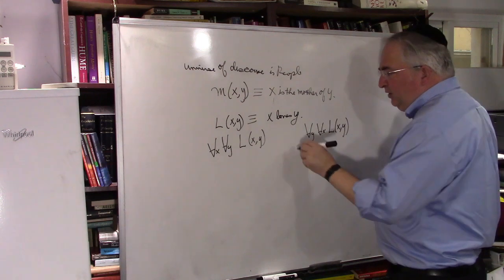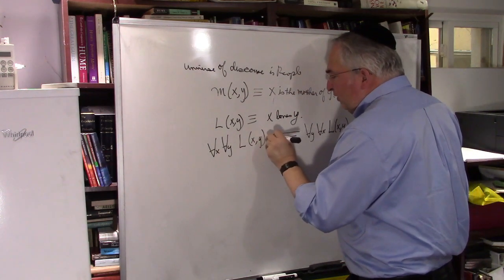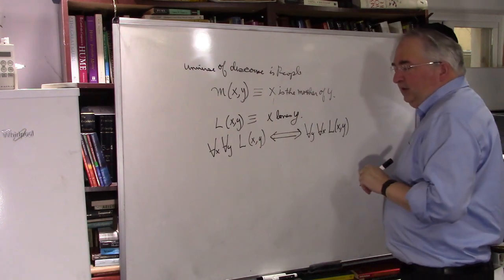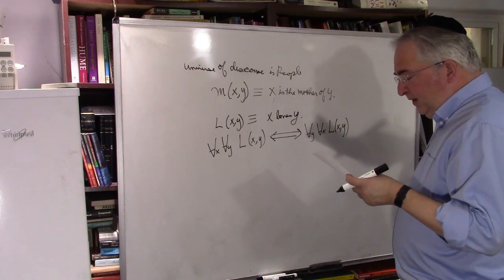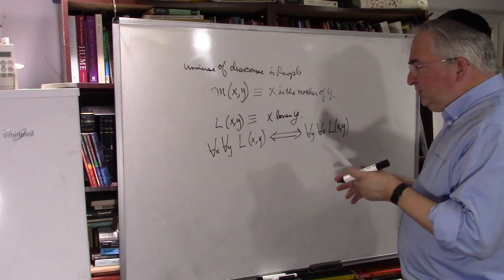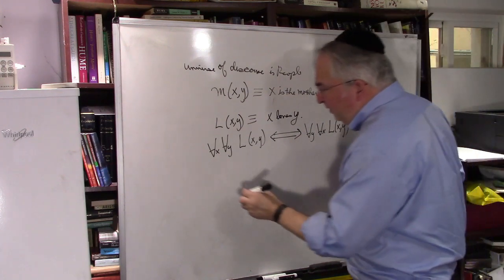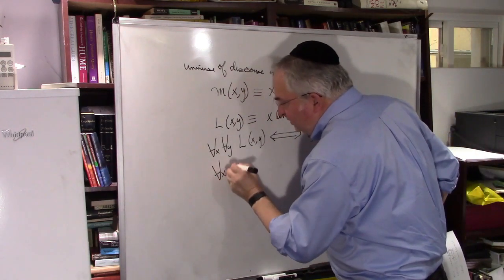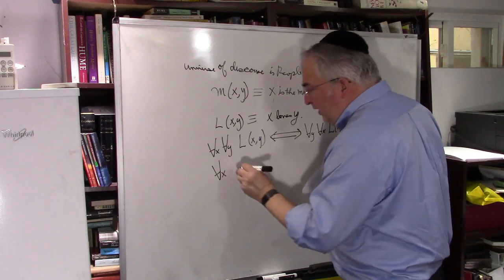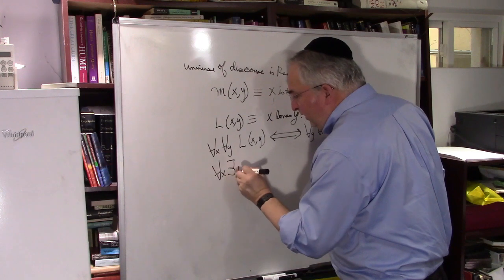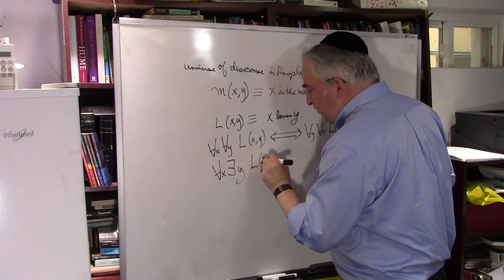Now it's going to turn out that these two things are logically equivalent. We talked about logically equivalent. But let's talk about some other things. For example, for all x, there exists a y such that L(x, y).